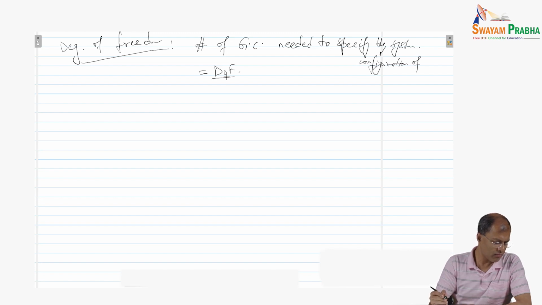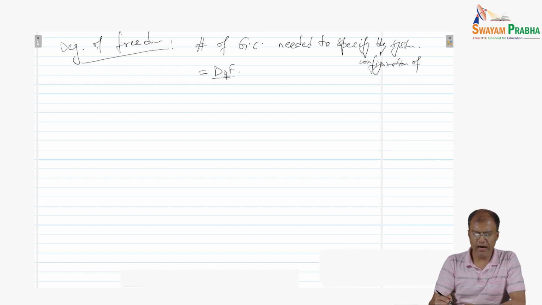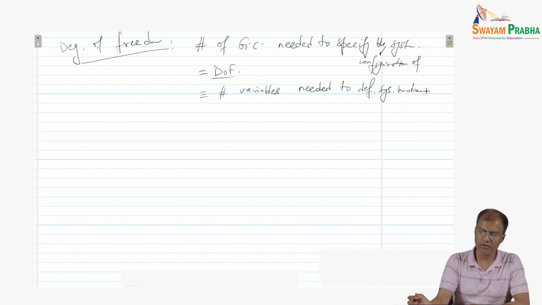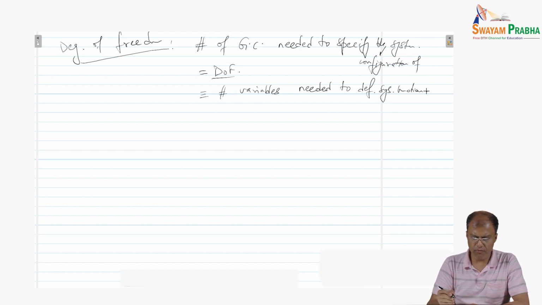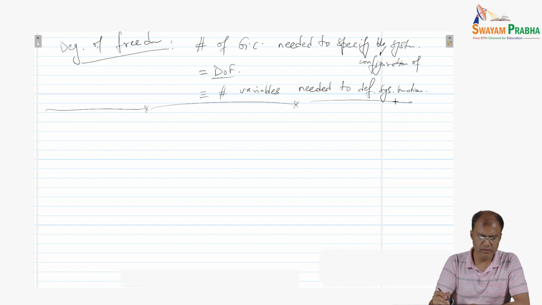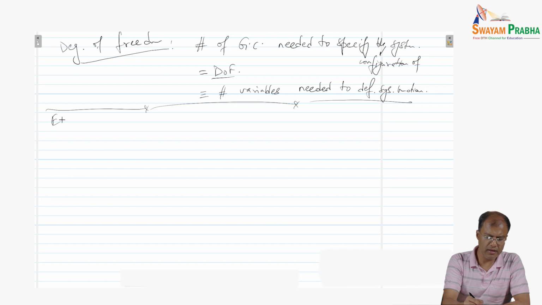Degrees of freedom will be the number of variables needed to define system motion. Number of variables needed to define system motion. And so that is what we have.